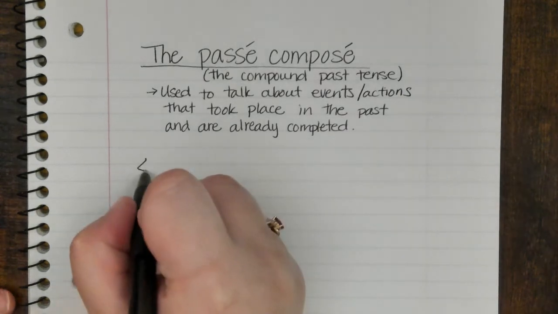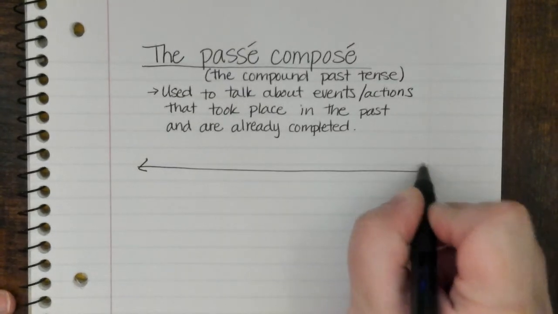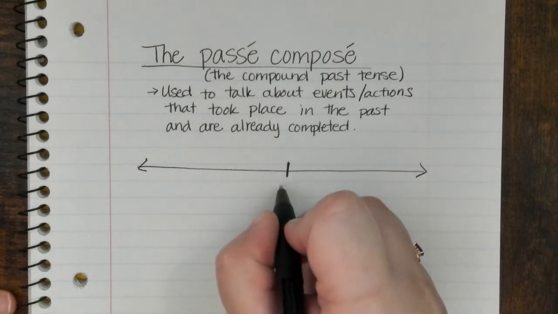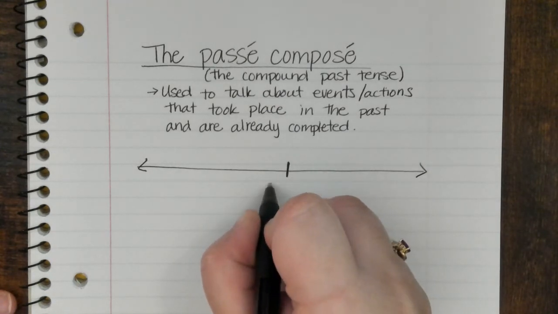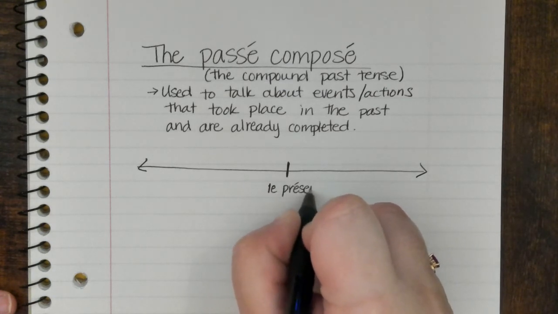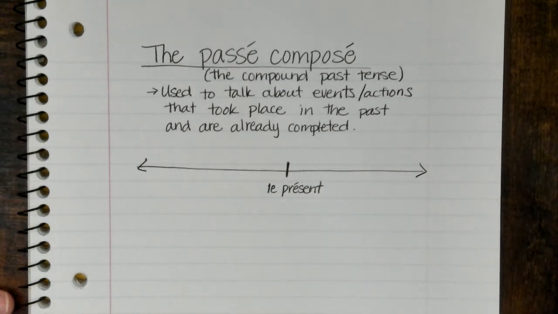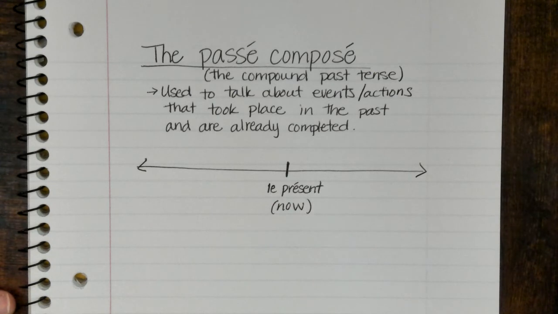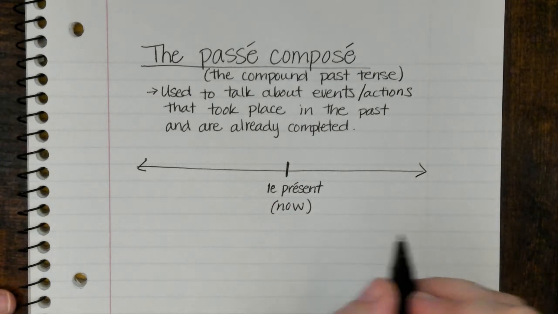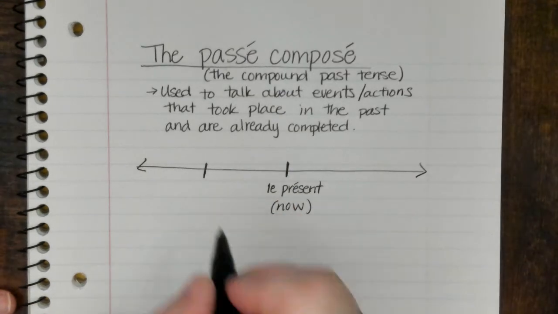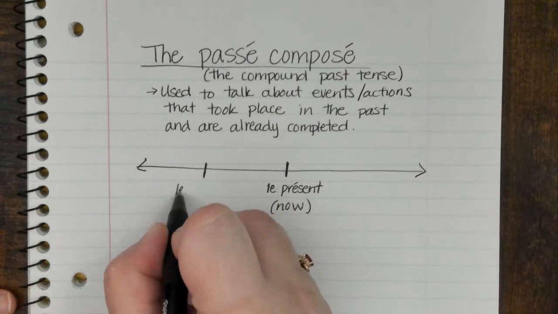So if you think of this as a timeline, and right here is the present. So this is le présent, the present tense. So that's what's happening now. The passé composé refers to some event that happened in the past.